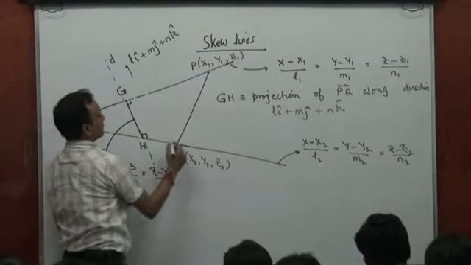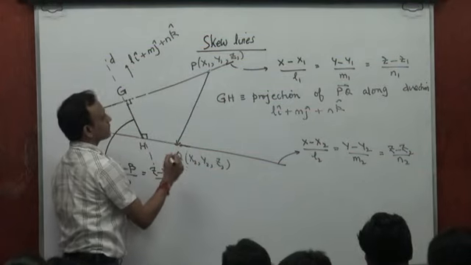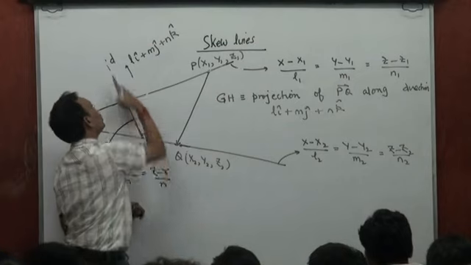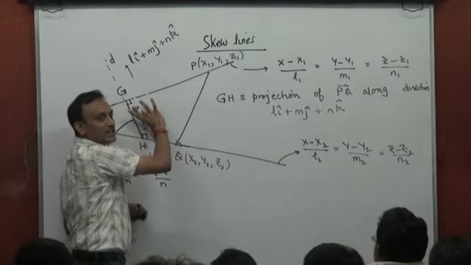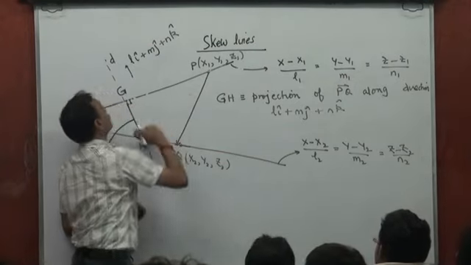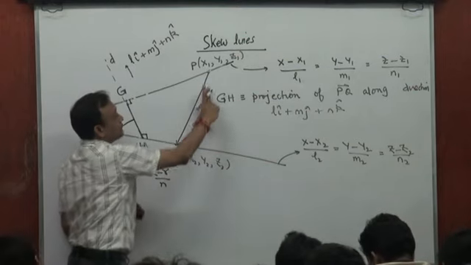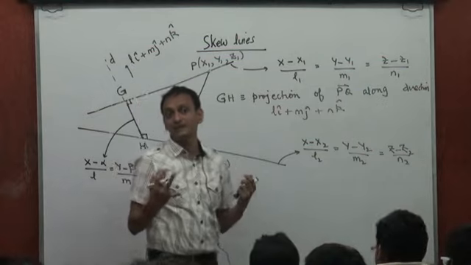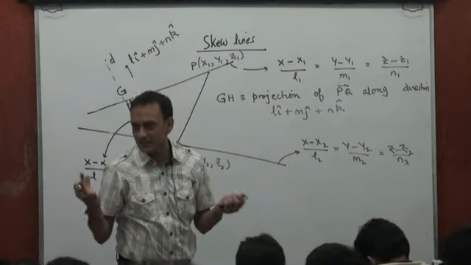So can I not say that PQ dot a unit vector in this direction will give me GH? The projection of PQ in a given direction can be obtained by PQ dot a unit vector in that direction, or its magnitude.